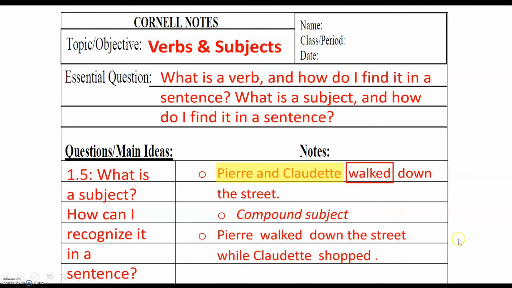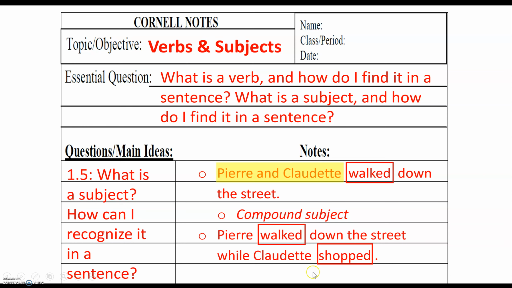You also might see a sentence that looks something like this. Pierre walked down the street while Claudette shopped. So this is an example where we actually have two different verbs. I see walked and I also see shopped. I'm going to treat those separately just in case to see if they have separate subjects or what's going on.